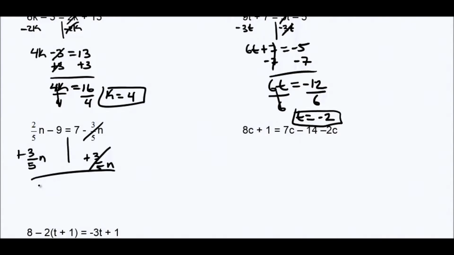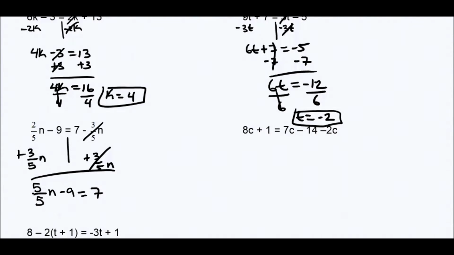So 3 plus 2 is 5, that's on top, and the denominator stays the same. So 5 over 5n, that's actually just 1n. So I don't actually have to put the 5 over 5, but for the purpose of showing you guys, that's why I'm doing that. Bring everything else down. So negative 9 on the left is equal to, and we're left with 7. Now it's a two-step equation.